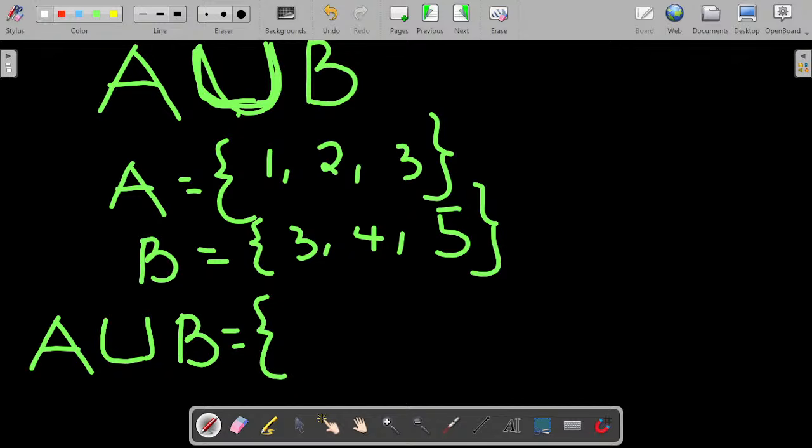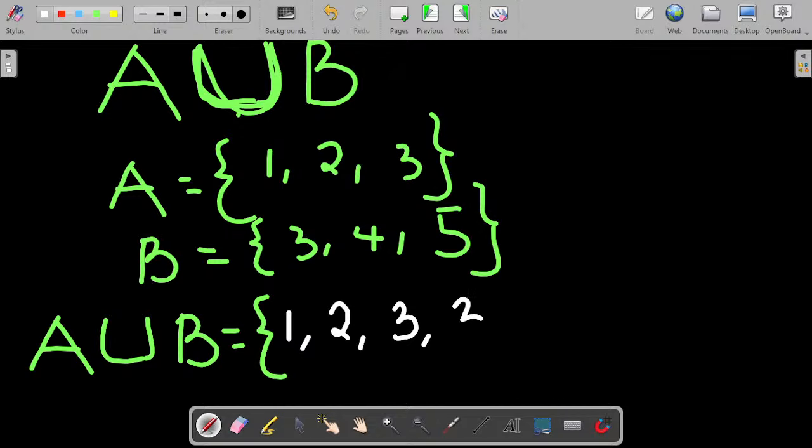Who is the smallest number here? We'll start with 1. After 1, I see 2. After 2, I see 3. You don't repeat it; it is wrong for me to write 3, 3.